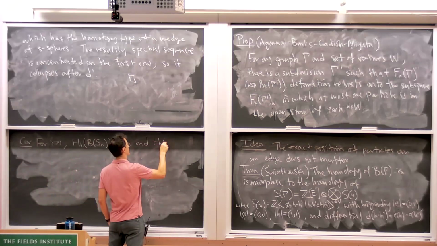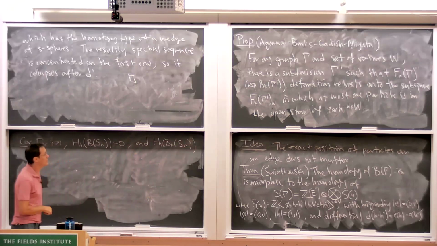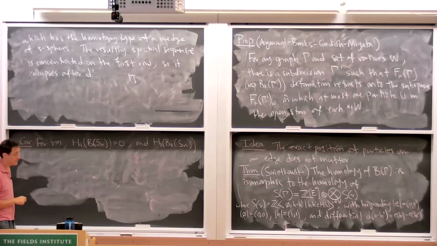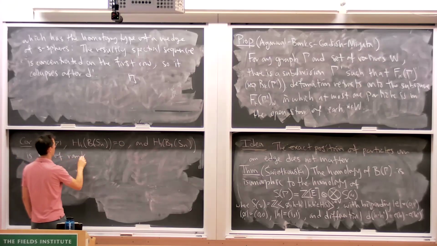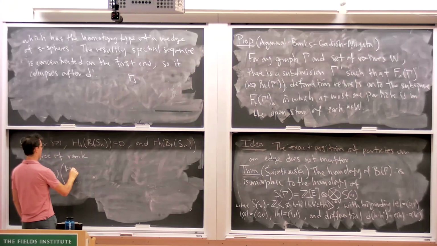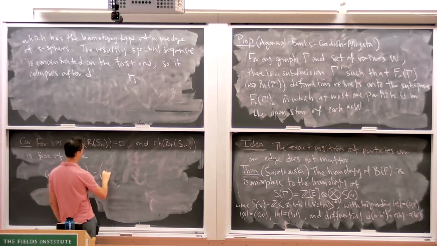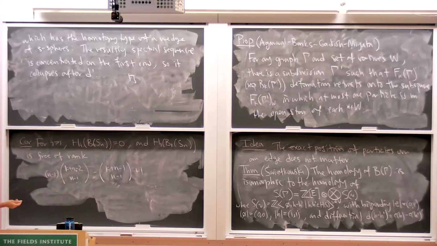So H1 of the configuration space of K particles in the star graph of valence N is free of rank this number, (n minus 1) times ((k plus n minus 2) choose (n minus 1)), minus ((k plus n minus 1) choose (n minus 1)), plus 1.